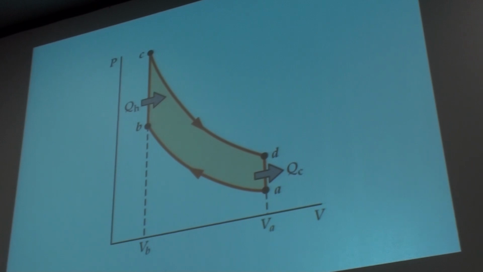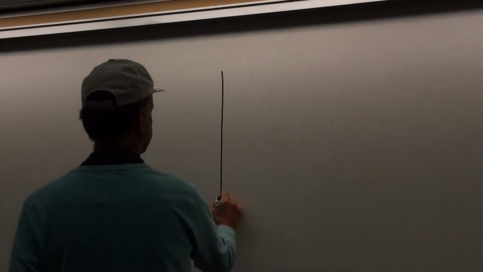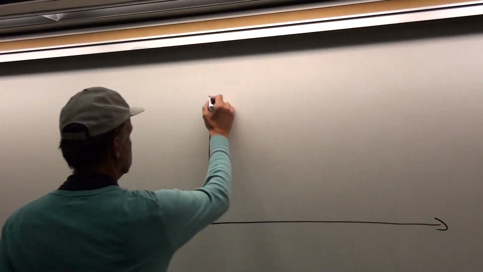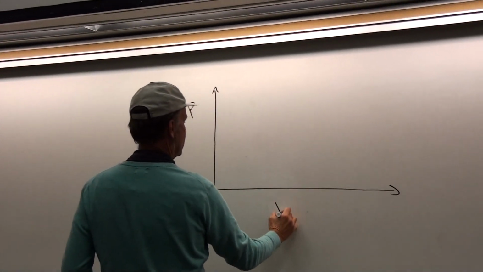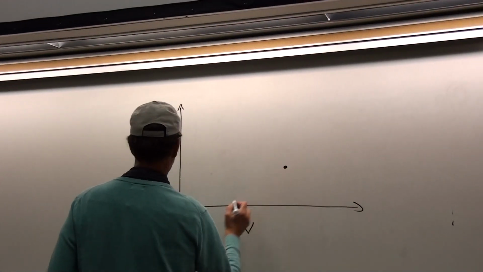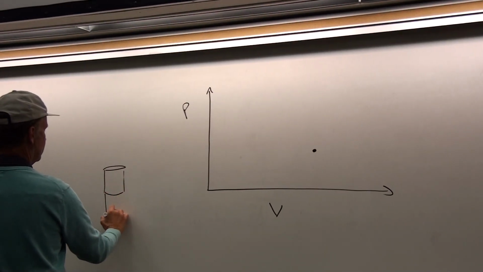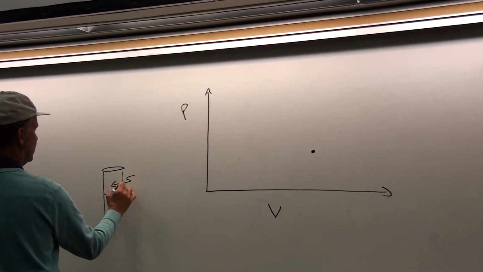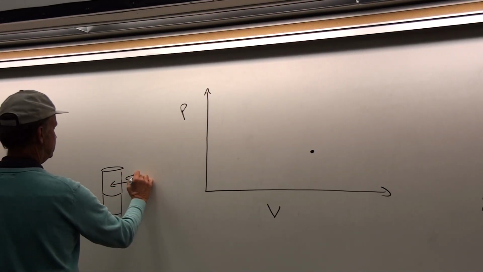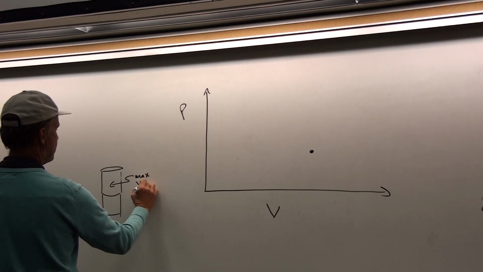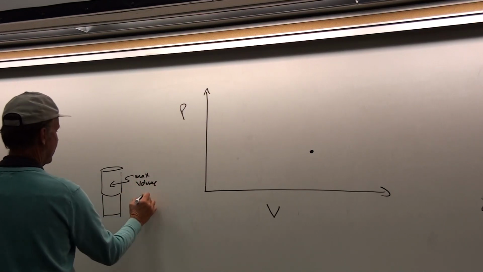Okay, so let's look at this in a little more detail. So here's our pressure volume curve, and this is point A. Point A over here is going to be with our system at a maximum volume and 1 atmosphere's pressure.